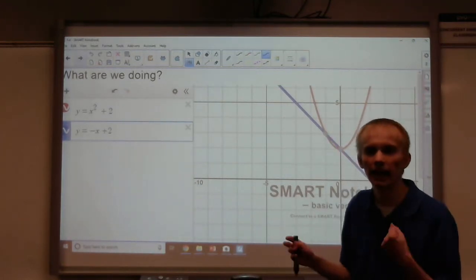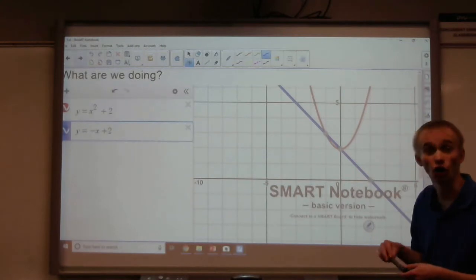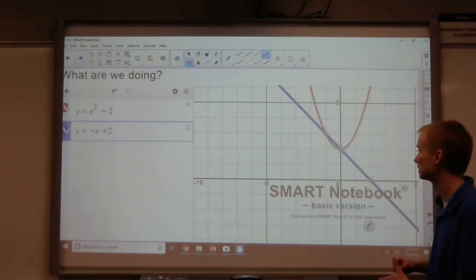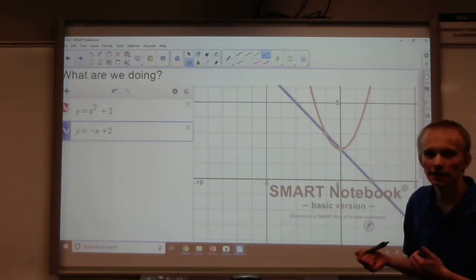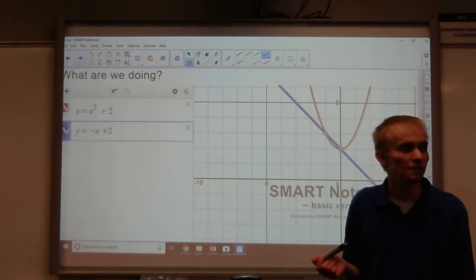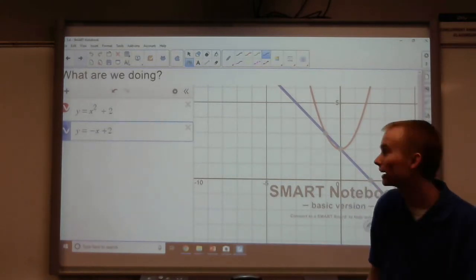Really nice things where there's not any curviness to them at all. They're all very flat and straight. So what we're doing today is, can we find intersections when there is curviness going on?